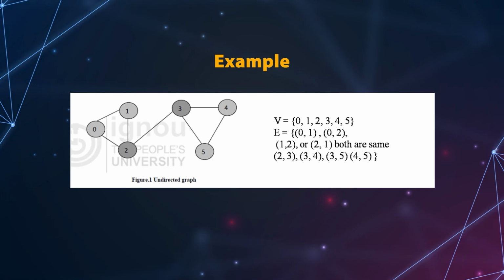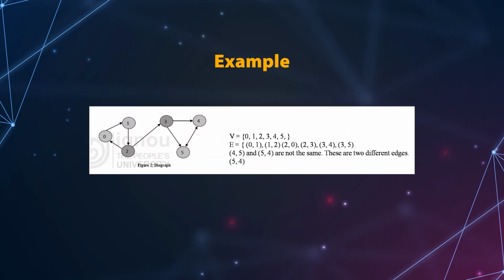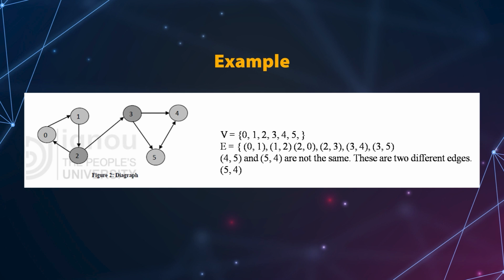But now look at the example of a digraph, where arrows are placed. The vertex set remains the same, 0, 1, 2, 3, 4, 5, but the edge set will slightly differ. Now the edge is from 0 to 1, not 1 to 0. Another edge will be 1 to 2, another will be 2 to 0, not 0 to 2.